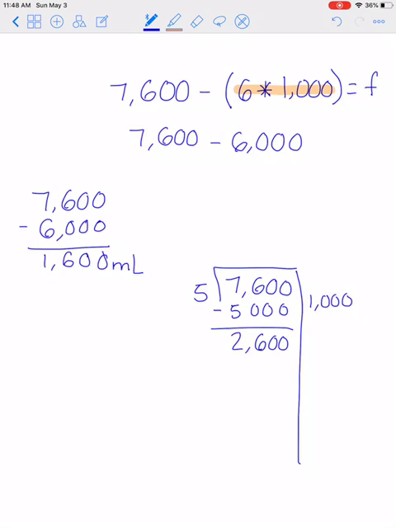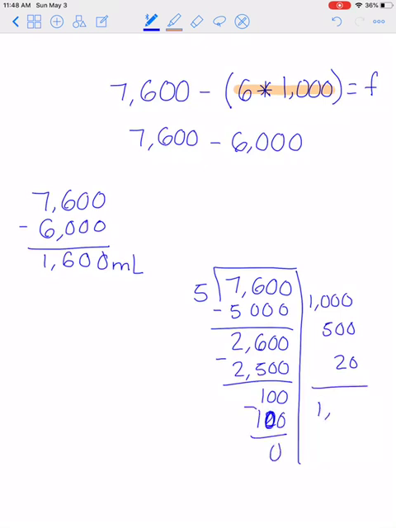Okay, now I can't do 1,000, but I know that 5 times 500 will get me close. That'll get me 2,500. And now I'm just left with 100. And I know that 5 times 20 will give me 100. Oops, sorry.